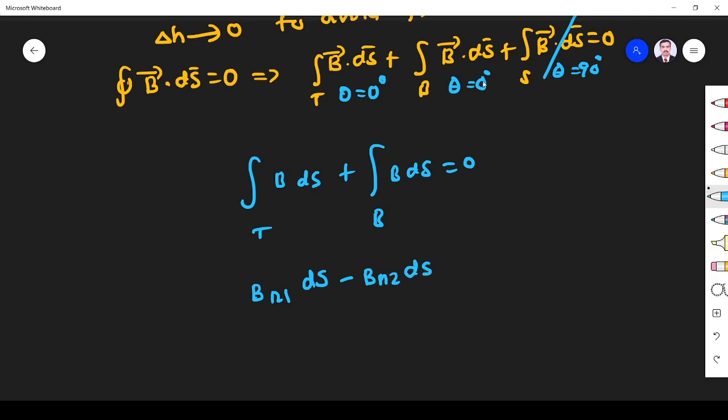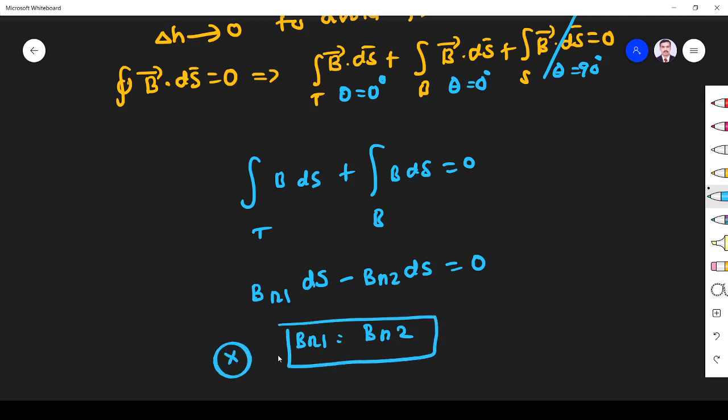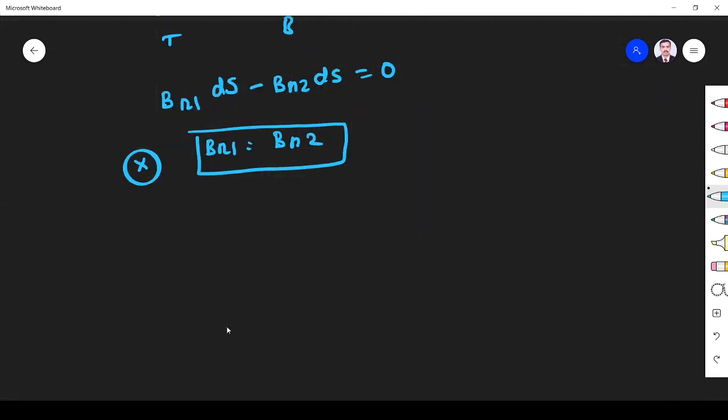The angle between them is 0, right? But in the bottom it is going in the opposite direction, so the area will be opposite. So minus, and it will be 0. So what is happening, Bn1 is equal to Bn2. This is the very important condition, the first boundary condition. Okay, so Bn1 is equal to Bn2.